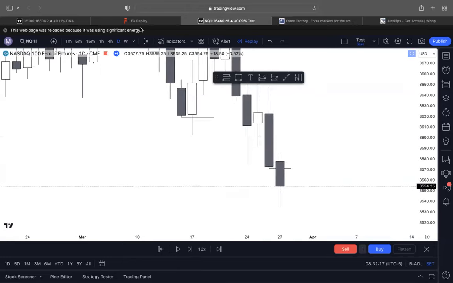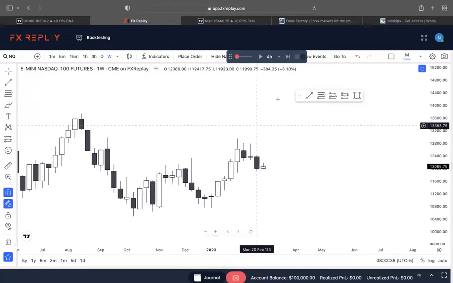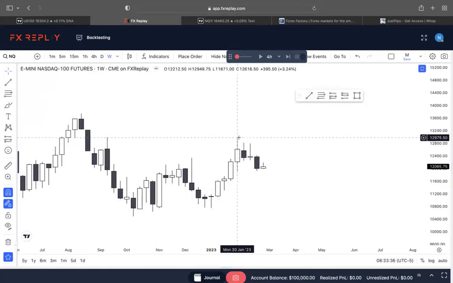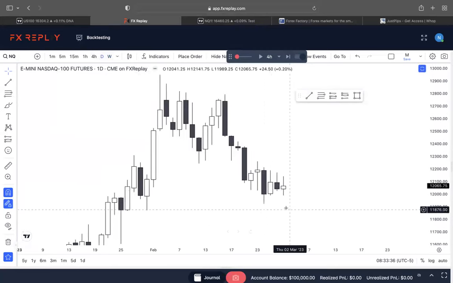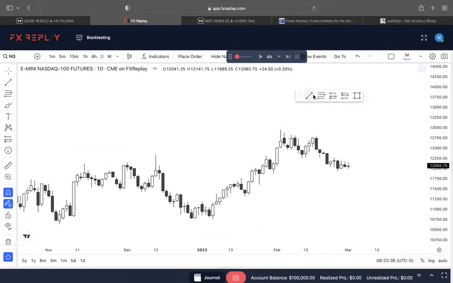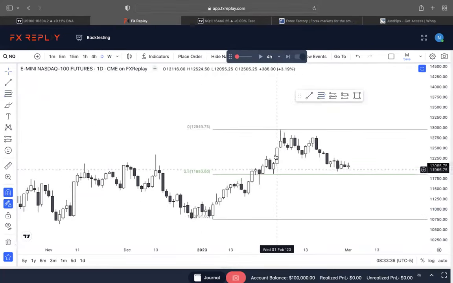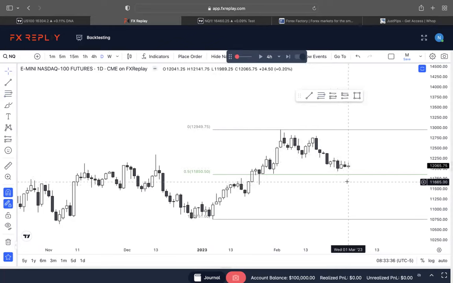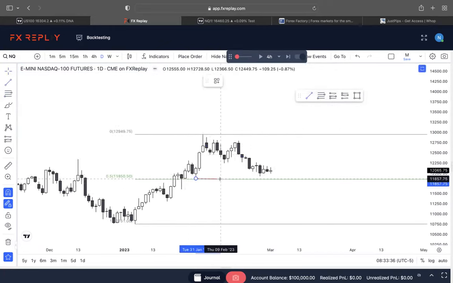So if we go into FX replay now, doing a top-down analysis, our weekly structure is bullish, this being the high, this being the low. We're distributing down quite heavily, and we haven't really hit discount yet, so perhaps price wants to go to this low.